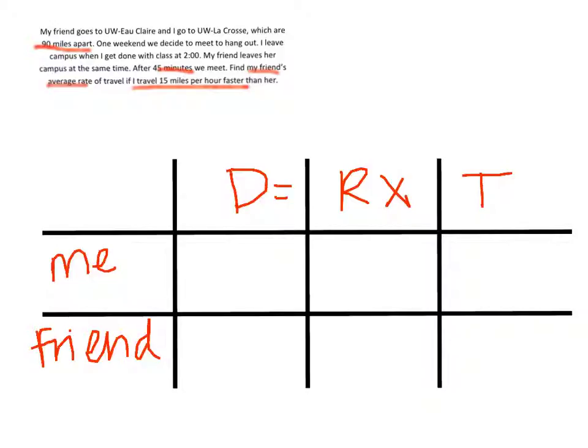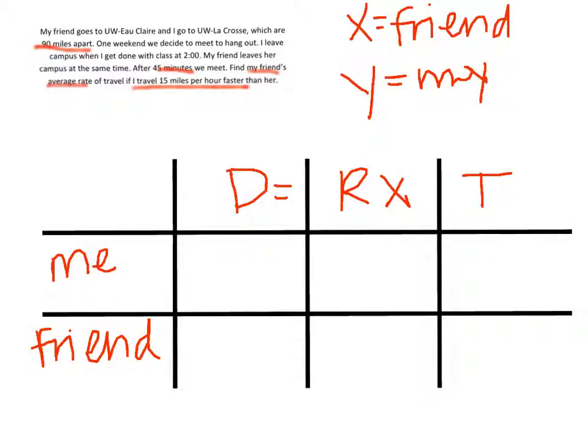We're going to define our variables where x is my friend's rate and y is my rate. So my rate is y, and my friend's rate is x.